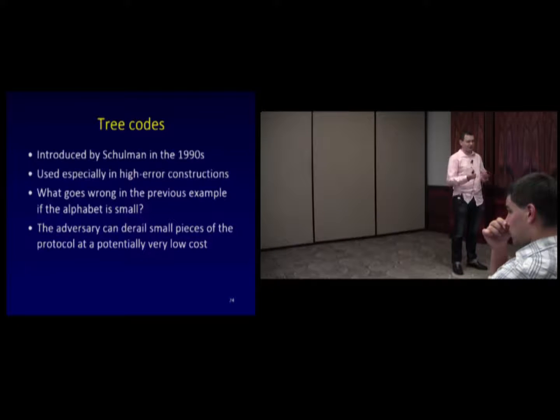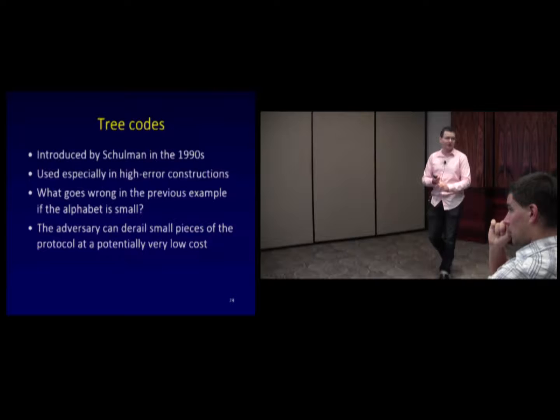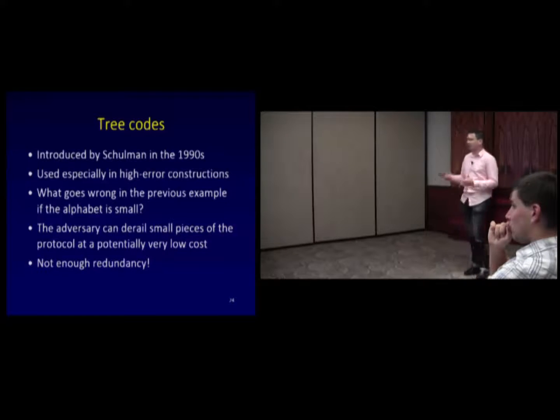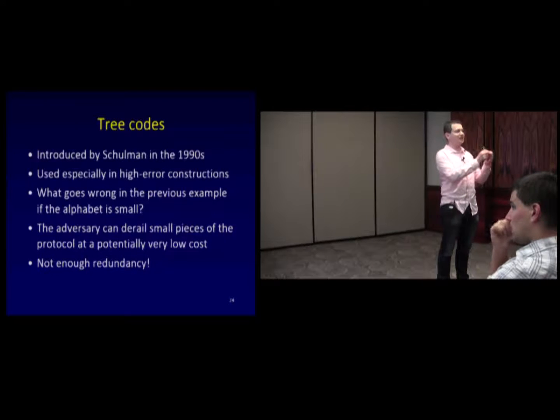But if you're not allowed to use randomness, which is inherent in all these hashing tricks, or if the error is really close to the theoretical maximum, there is not enough redundancy somehow. We are too generous. Basically, every time there is structure, some parts of your protocol are more important than others, and the adversary will attack them.